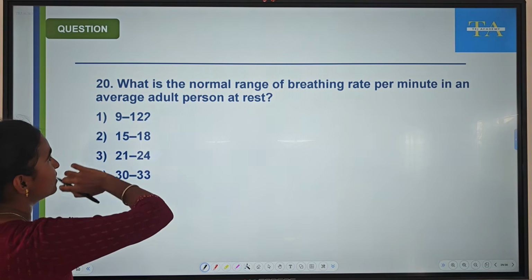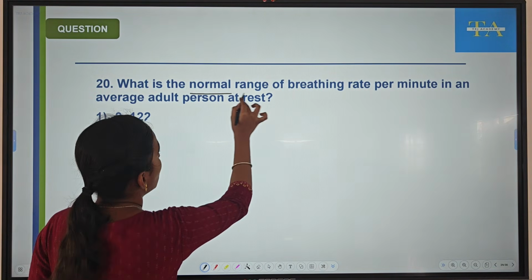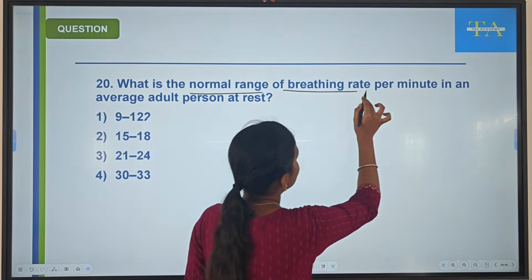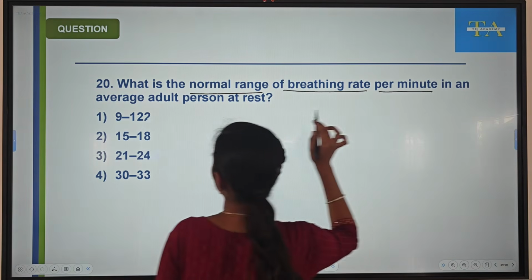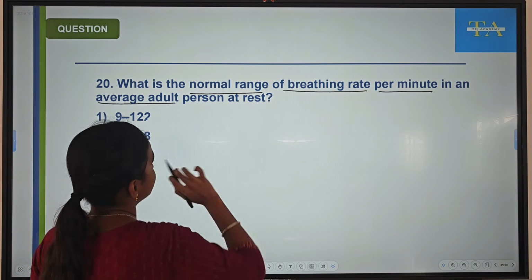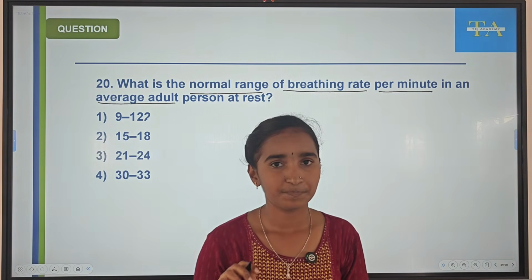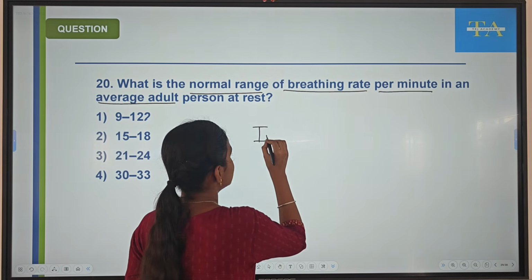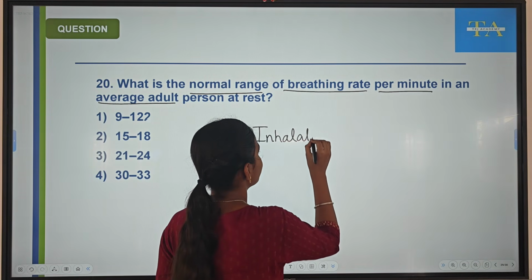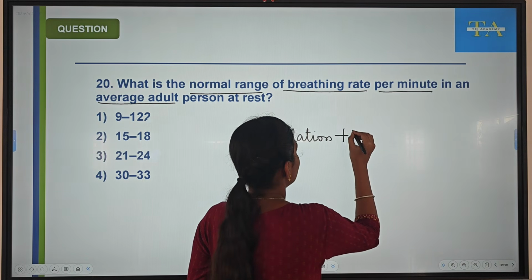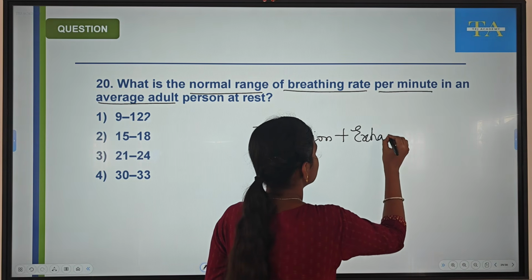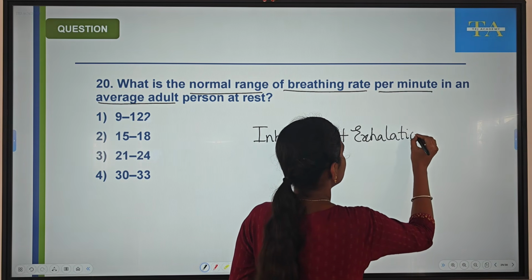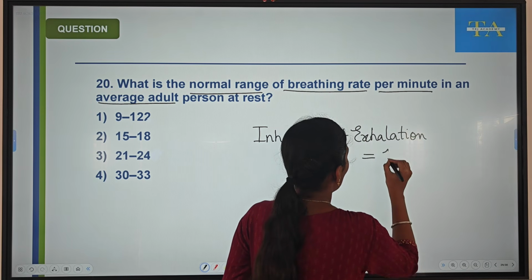Our last question is here. What is the normal range of breathing rate per minute in an average adult person at rest? You know what is breathing rate? We know, right? One inhalation plus one exhalation causes one breath.